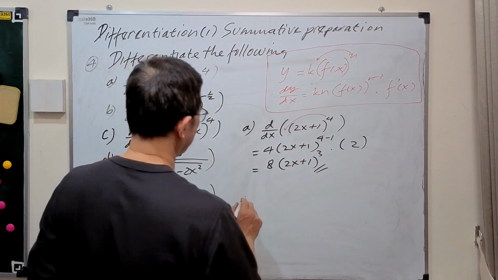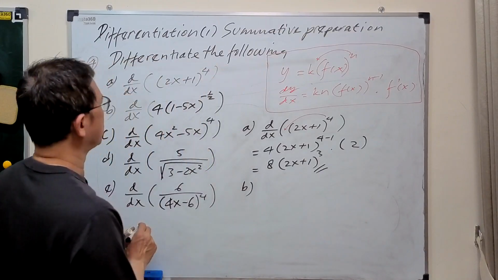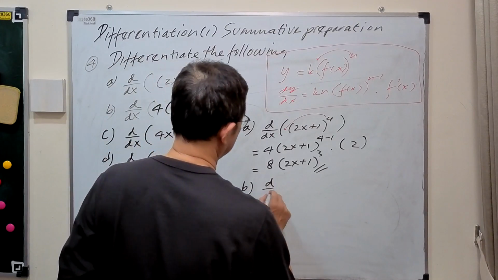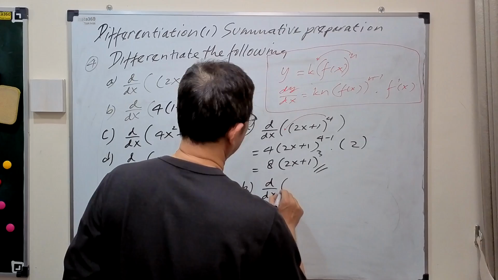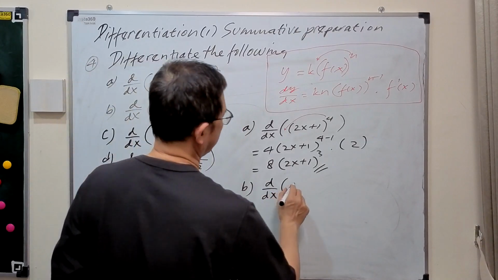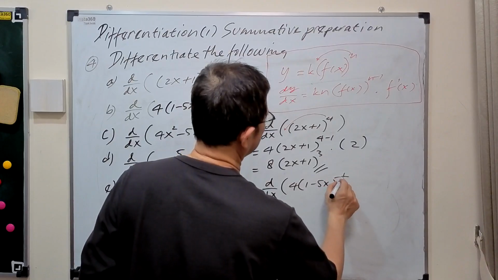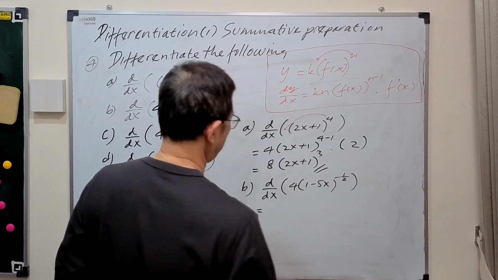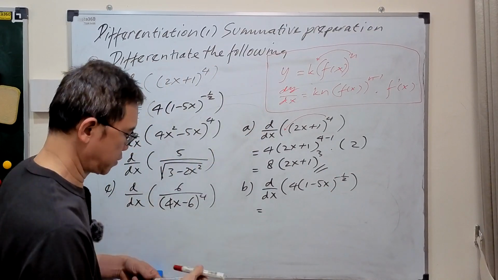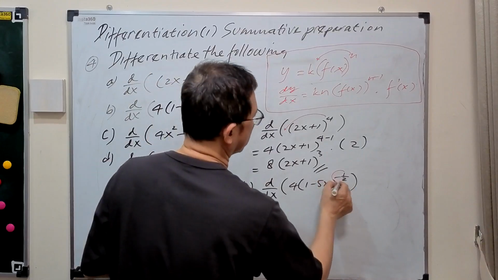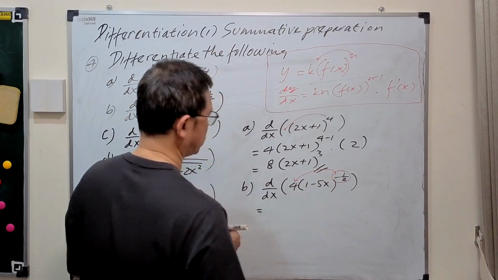Then what about B? Do the same method. Multiply the power here, negative half, to 4, right?